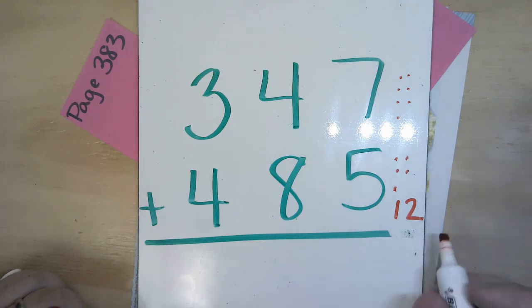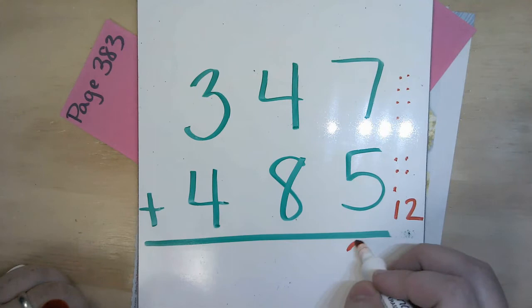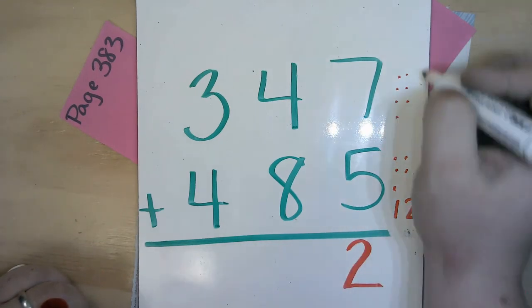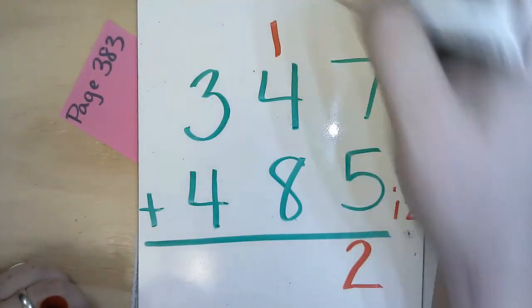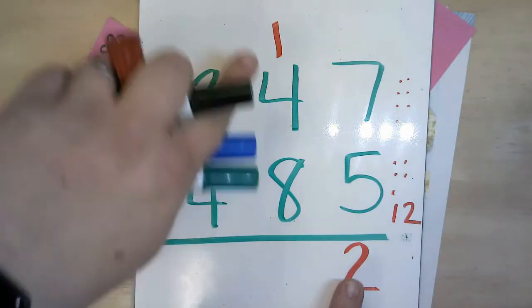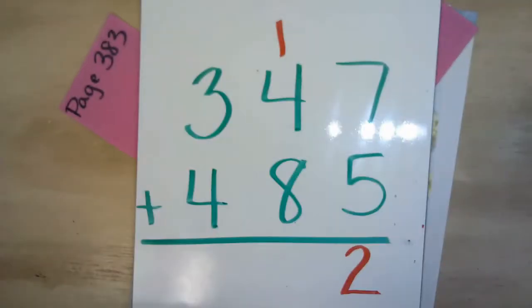All right. Well, we talked last time about how our ones place will stay here in this place value, and my tens will regroup over. So that 10 is going to come up here, and I still have 2, so 12. I'm going to erase that just to help us out.